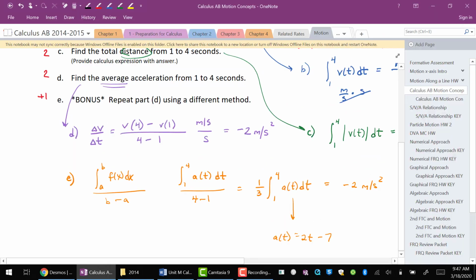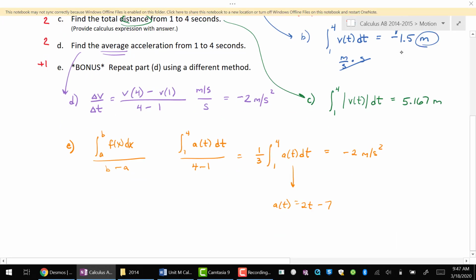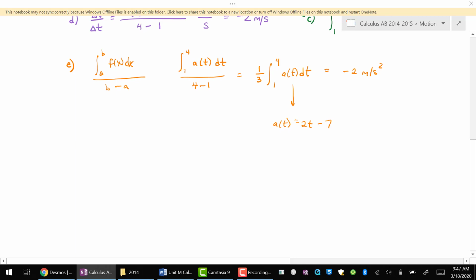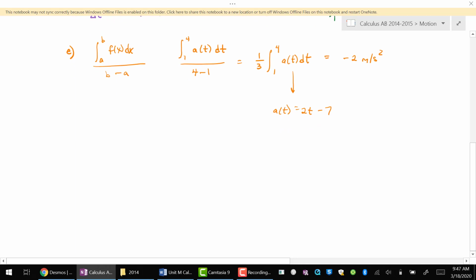And then finally, I want to make one more connection to this average value discussion here. Remember that average acceleration, here's the connection between these two.